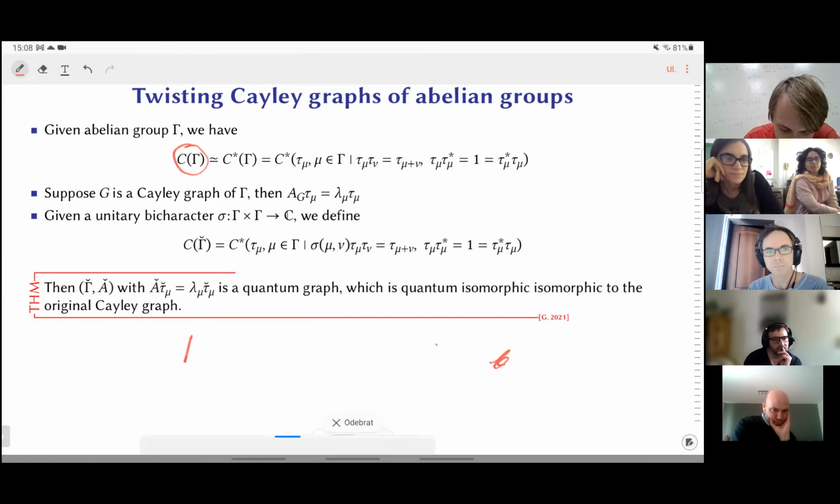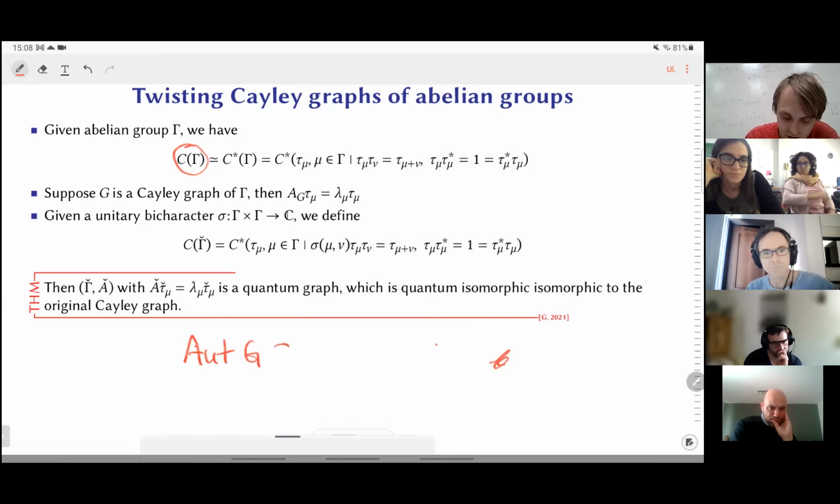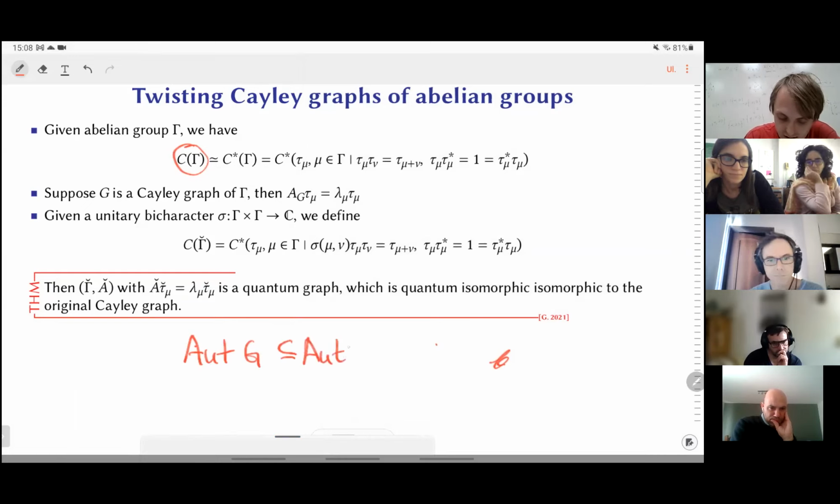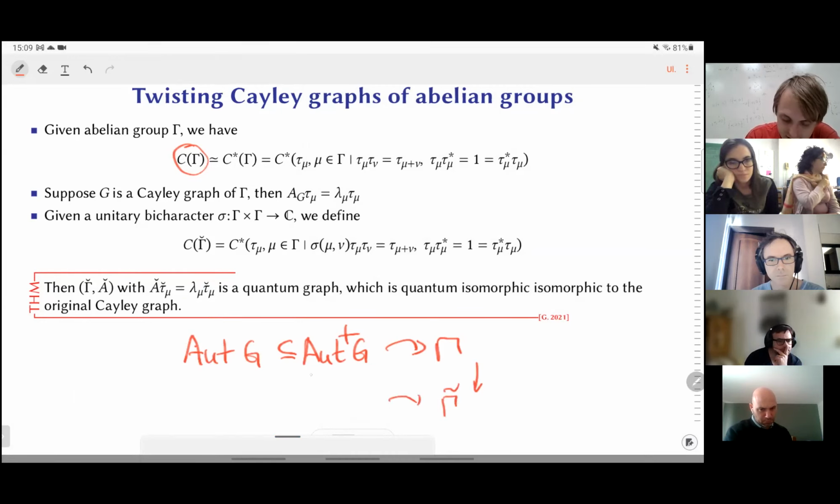We know the automorphism group, and we also know the quantum automorphism group, which act on this graph gamma. And this twist works in such a way that if I do the twist, so I have here some gamma tilde or whatever, then we also know how to twist this group or the quantum group.